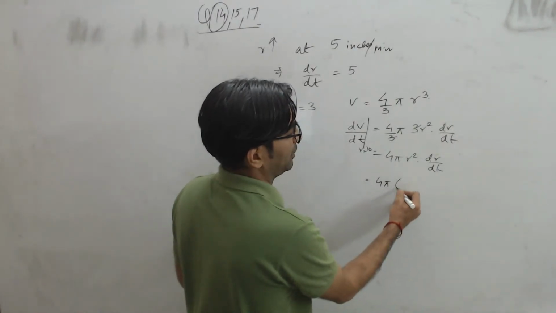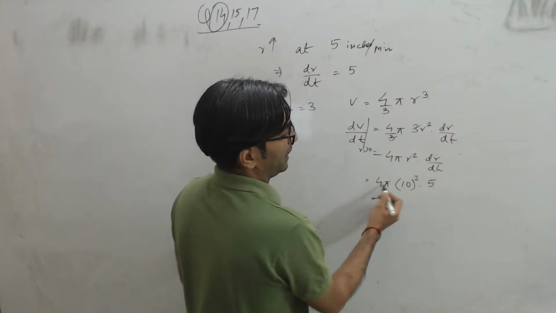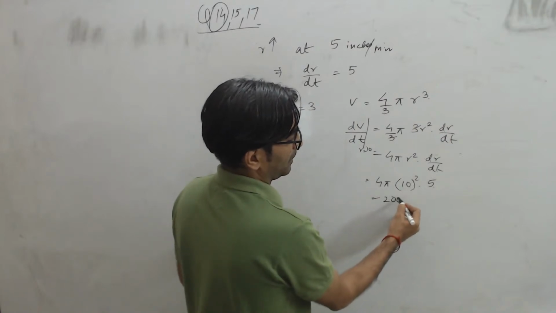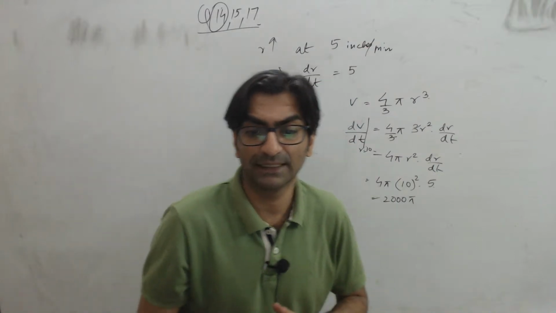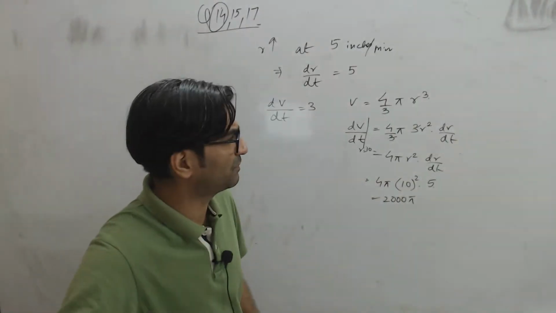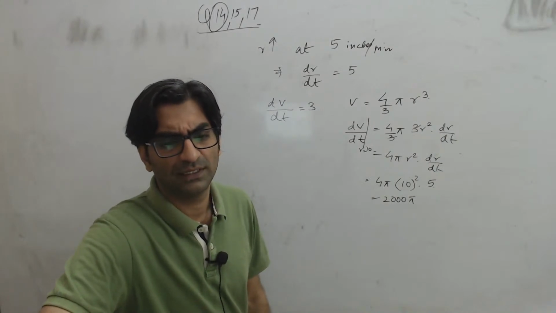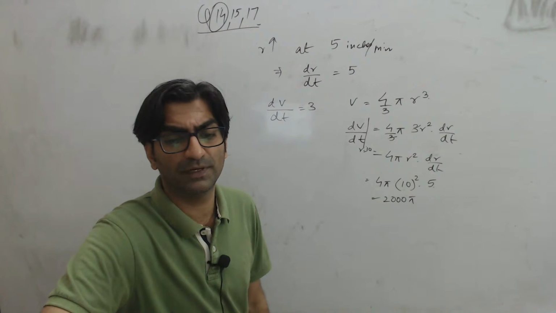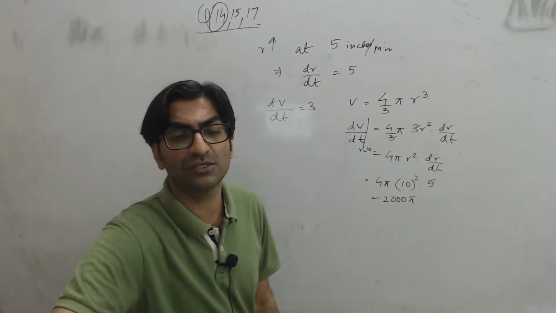This becomes 4 pi into 10 square into 5. So 4 into 5 is 20. 20 into 100 is 2000 pi. That's option C. So 15th, I thought was a very simple question. Answer is option C. The balloon's volume will increase at a rate of 2000 pi cubic inches per minute.